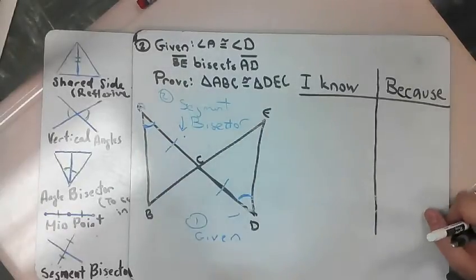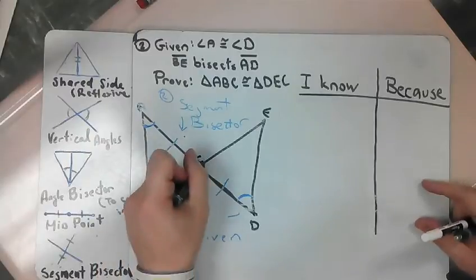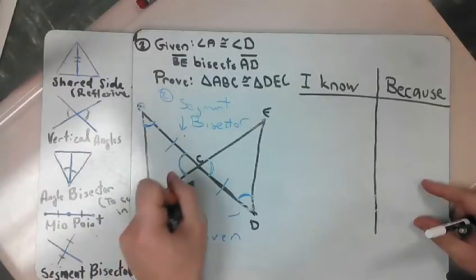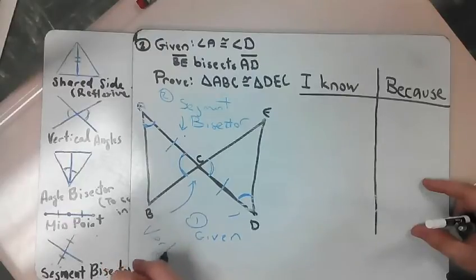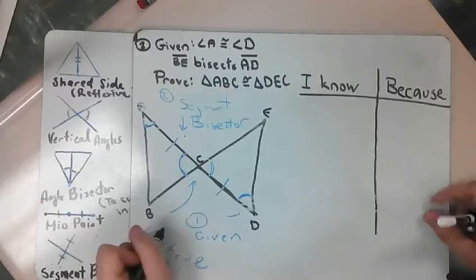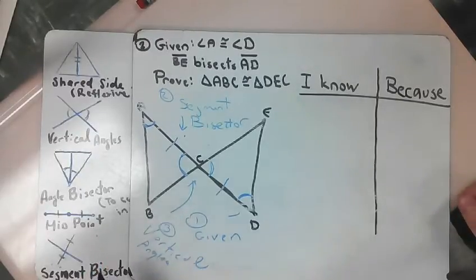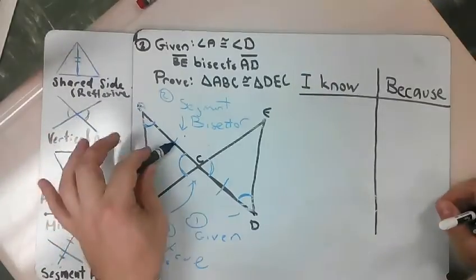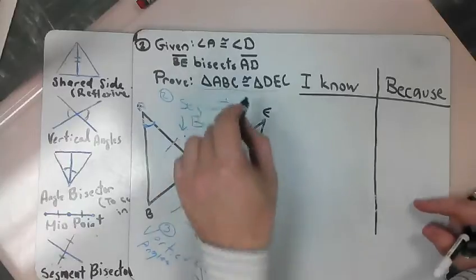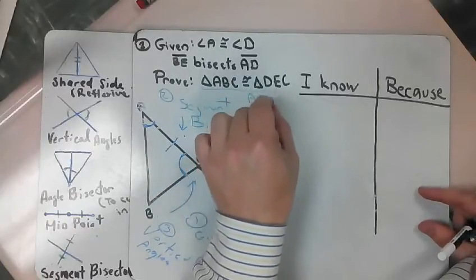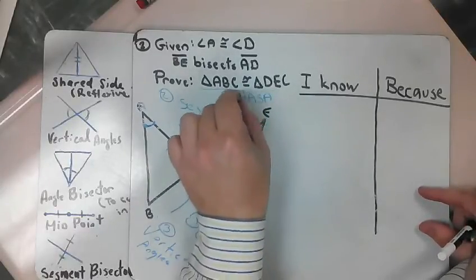Now I also have here in the middle vertical angles. I'm going to make that line 3. Well, when I look, angle, side, angle, angle, side, angle. That's enough evidence to prove this through angle, side, angle. And I'm going to say that is line 4.